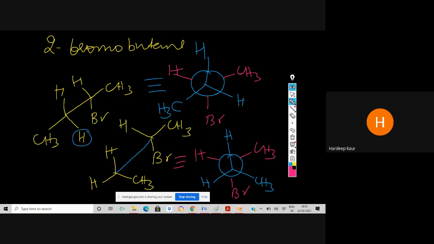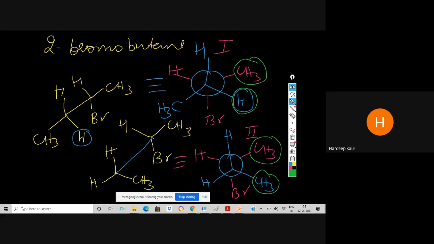Now check out whether structure 1 or structure 2 is more favorable. The first one, madam, because of steric hindrance. Yes, that's right. In the first structure, if we look carefully at the first and second, the difference is here. Let me highlight it with a green pen. H, CH3, and here are the two bulky groups that are very close.